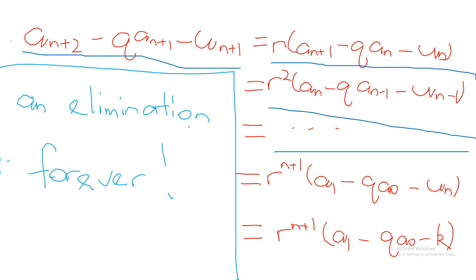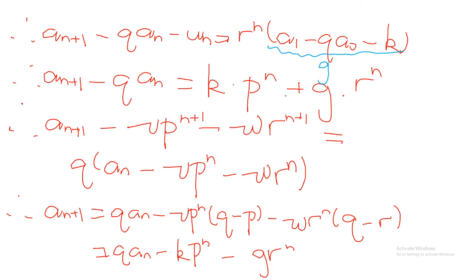We replace n plus 1 with n, and we get the formula an plus 1 minus q times an minus un is r to the n's power times a constant, which is a1 minus q a0 minus k, and we'll call it g here.